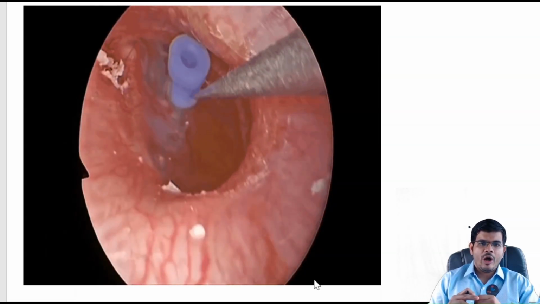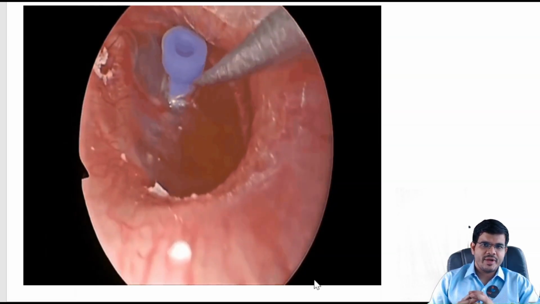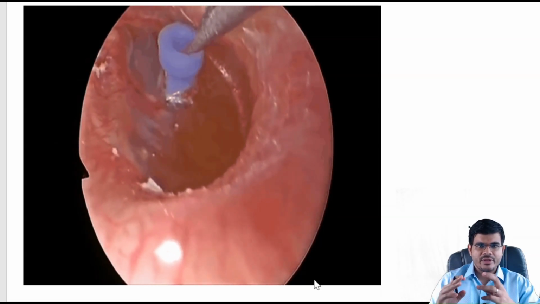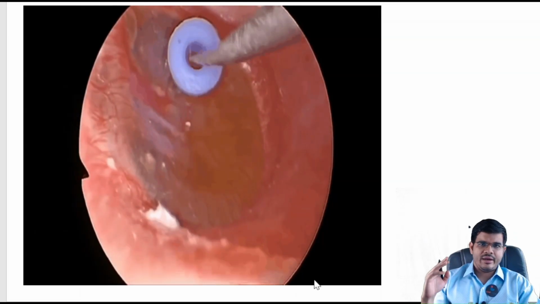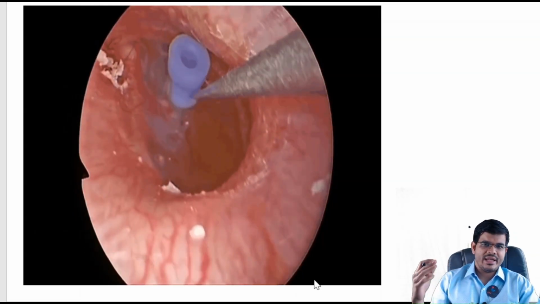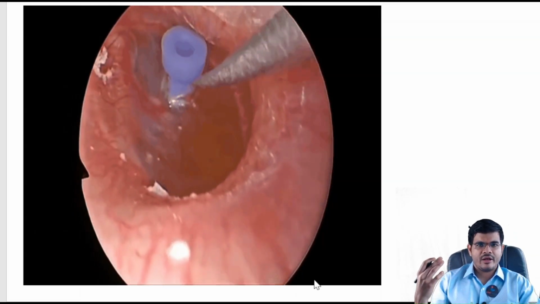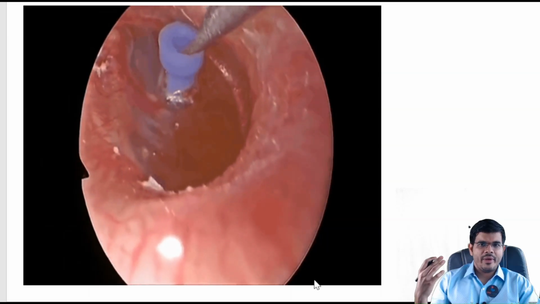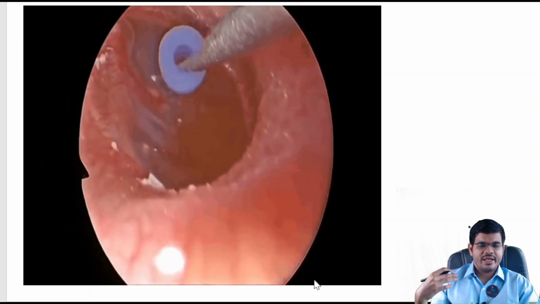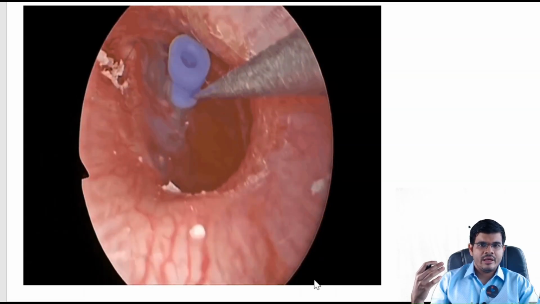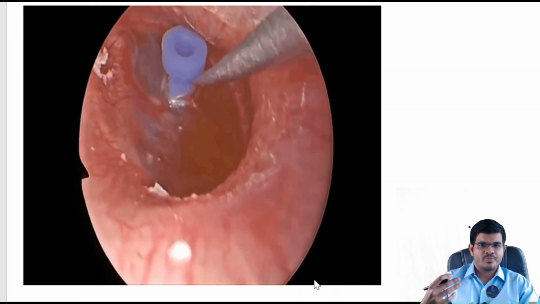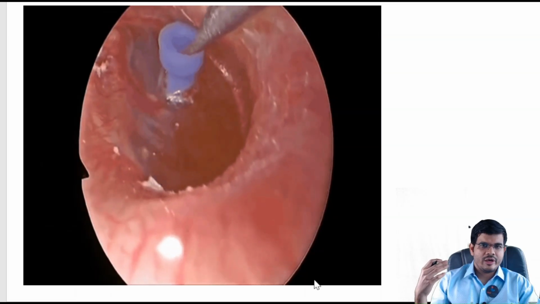Now, how do you diagnose a case of otitis media with effusion? I told you the patient will come with complaints of ear blockage. Okay, and many a times the patient will have allergic symptoms, and apart from that, there will be decreased hearing. In case of child, he could present with an inattentiveness in the school because of the decreased hearing.